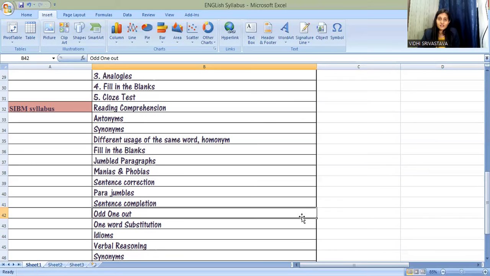Accuracy is also very important because you cannot go back to a question once you have given the answer. There is not even an option of marking the question for review. You have to solve all the questions because there is no negative marking in NMAT, but you have to solve them correctly.